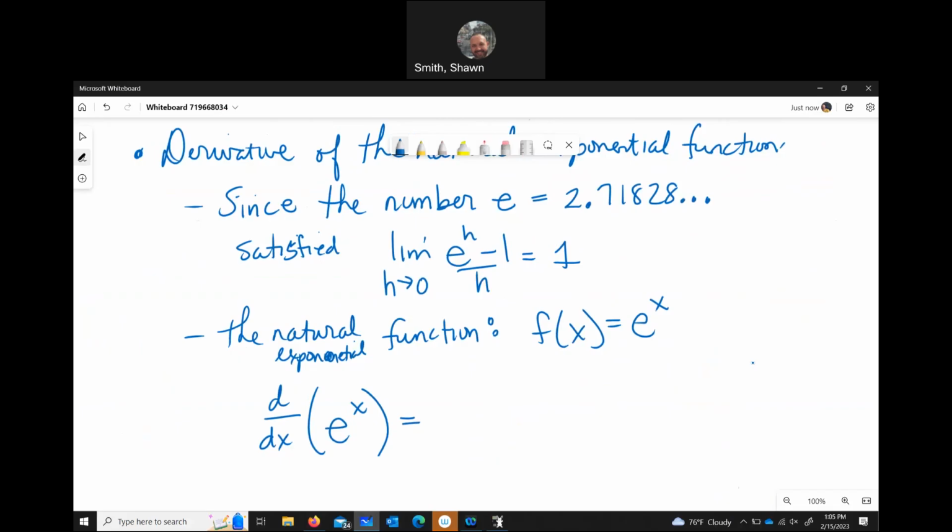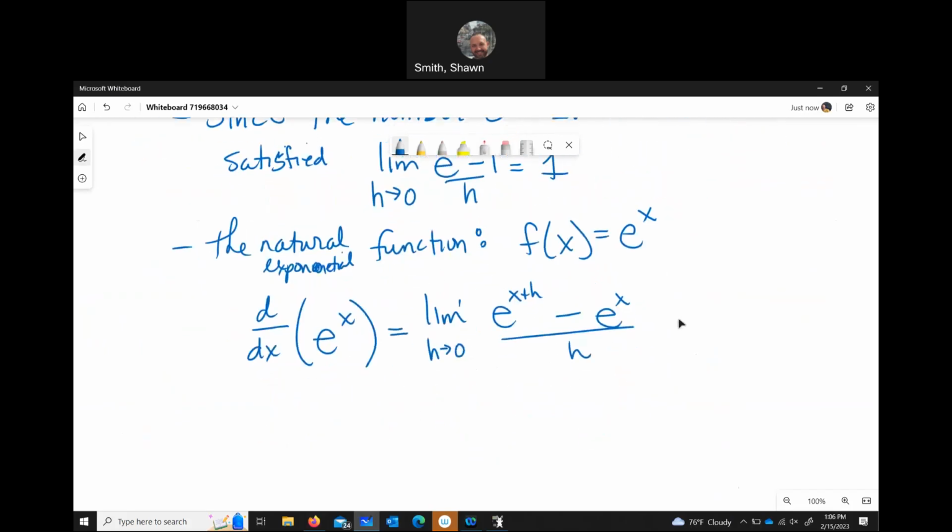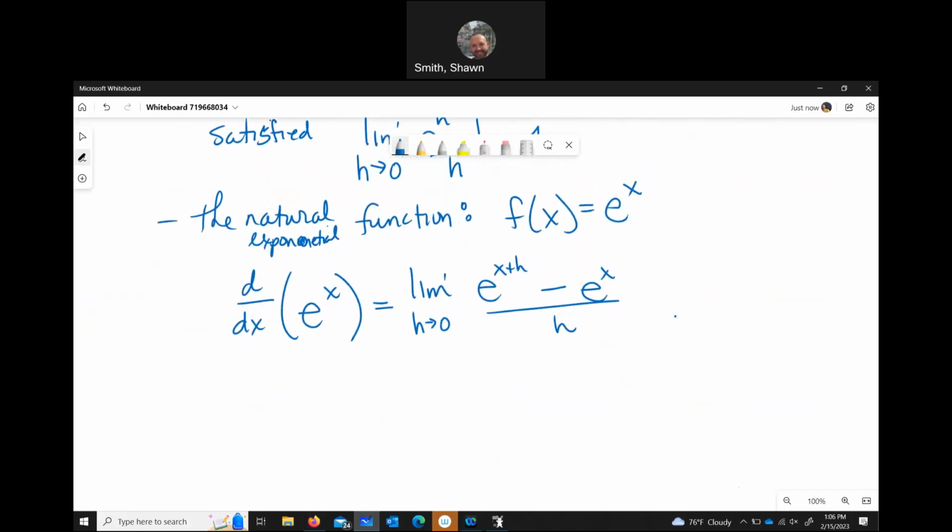All right, so we're going to do the limit as h goes to 0 of e to the x plus h minus e to the x, that's f of x plus h minus f of x, all divided by h. I'm going to break this apart.